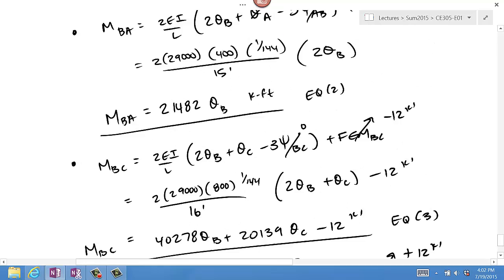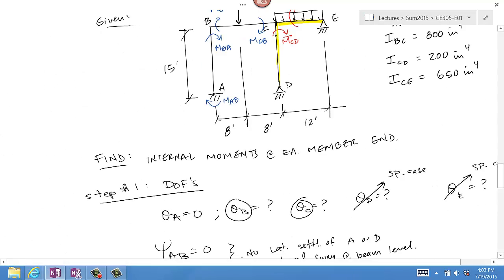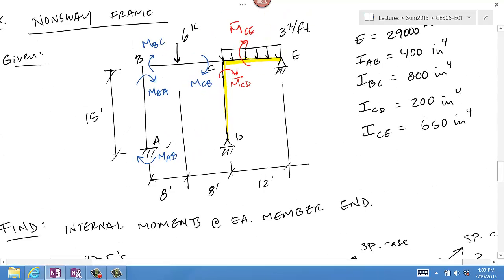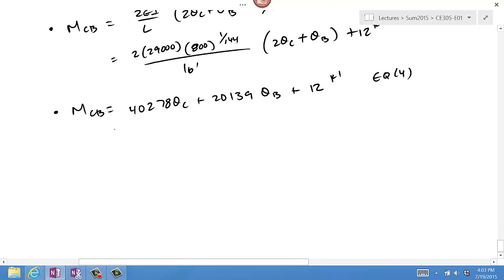So far we have the 4 general case equations: MAB, MBA, MBC, and MCB. You can use this as your roadmap. So the next ones that we can do are M bar CD and then M bar CE, the special cases. So let's do M bar CD. This is a special case.